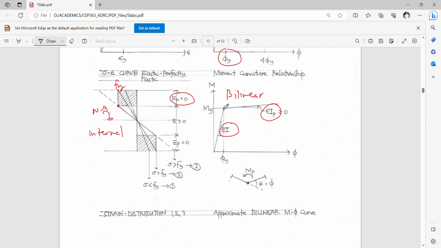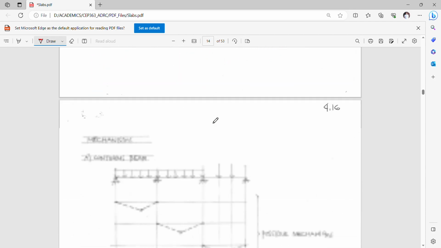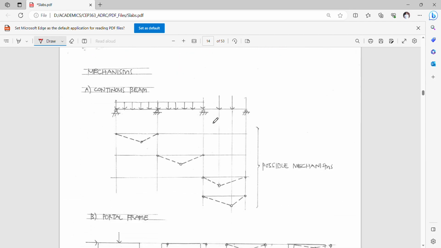Okay, so somewhere here will be your plastic moment Mp, which is of course greater than your My. So the mechanism for a flexural member, we are talking here of a beam.